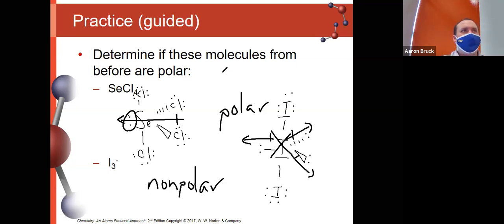Now it still has a charge. It's still going to attract positive ions. It is still likely to dissolve at least somewhat appreciably in water because of its negative charge. But does it have on its own a specified dipole in its covalent bonding? No.